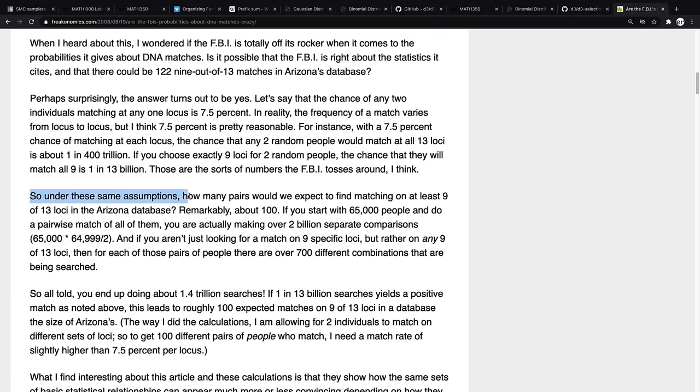So under these assumptions, how many pairs, base pairs, would we expect to find matching on at least 9 out of 13 locations in the Arizona database, which consists of 65,000 people? So if there's 65,000 people in the database and they're comparing every 2 people in the 65,000 database, they're going to end up doing this many comparisons. So let's just go ahead and steal that number.